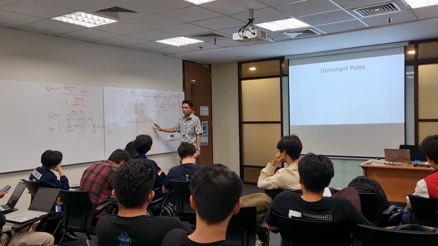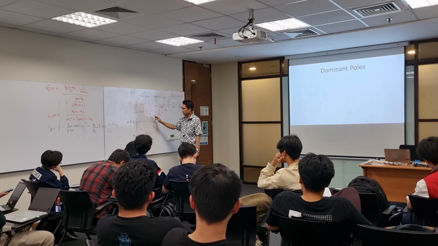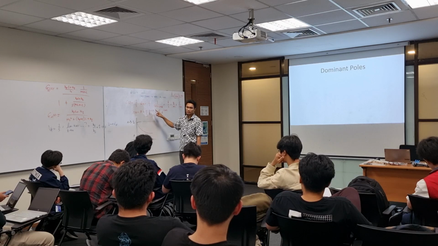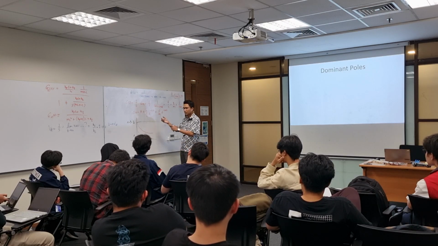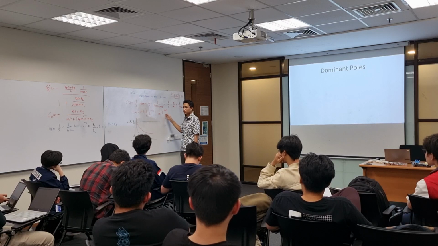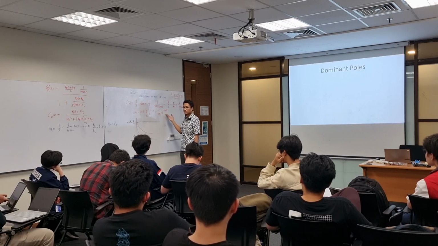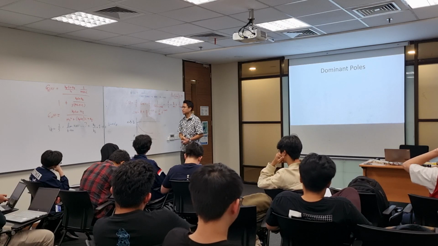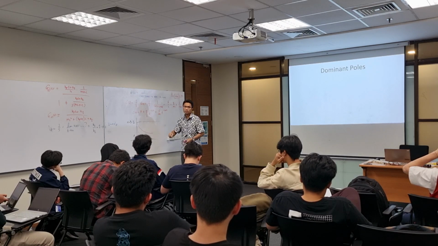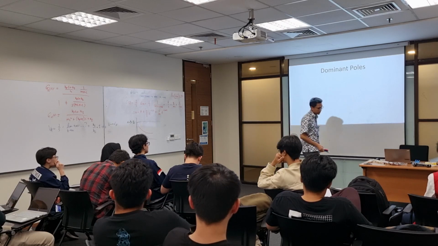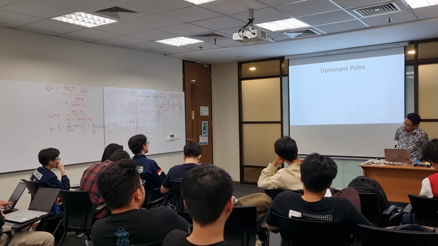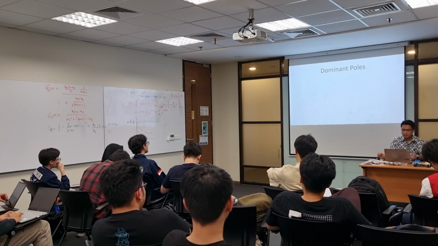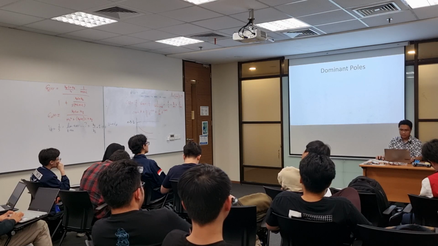So the one that you will see the most in the response is this one, because the smaller poles, the further away from the 0, die out very quickly. This one dies out very quickly, and this one dies out a bit slower. Okay, let us check the result.